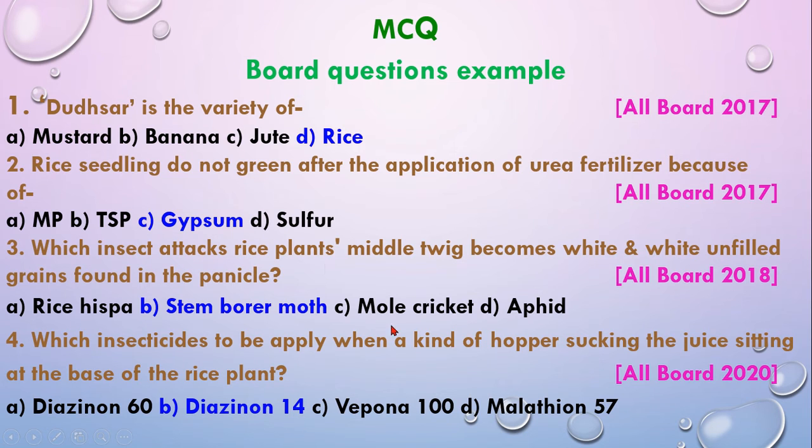So this type of MCQ you can get in the board question. So you have to memorize each and every line from the topics. In the textbook we have to underline each and every line, and you have to memorize every point which I showed before as well.